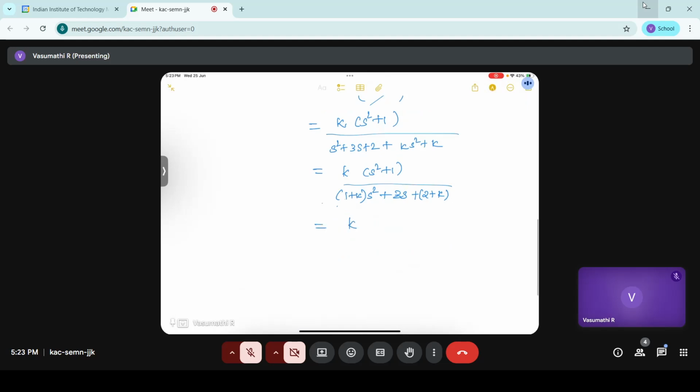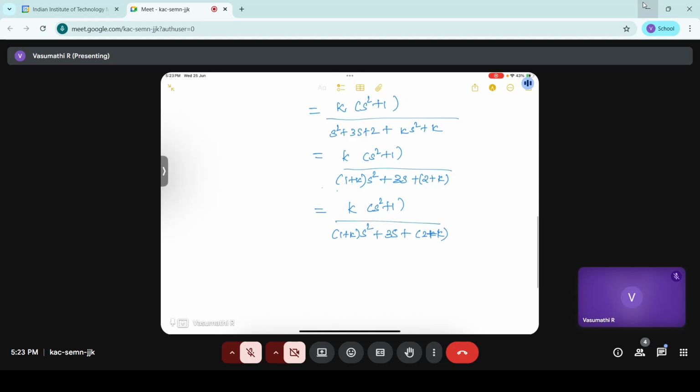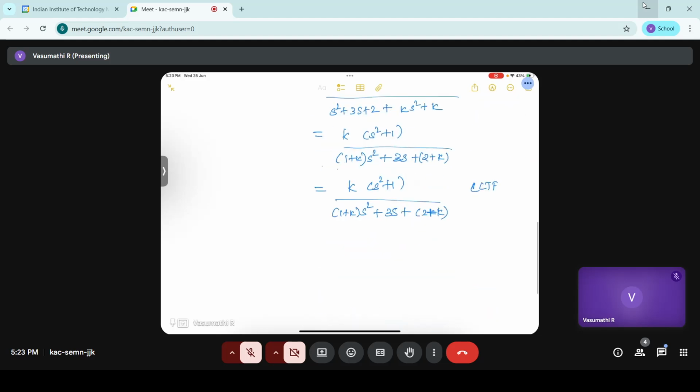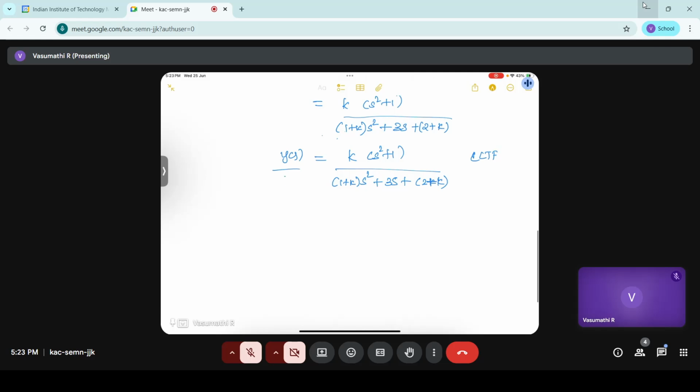Right. So this is the overall closed loop transfer function: 1 plus k into s square plus 3s plus 2 plus k. This is the denominator term of the closed loop transfer function. So this would be your y of s by r of s, the closed loop transfer function. Right.